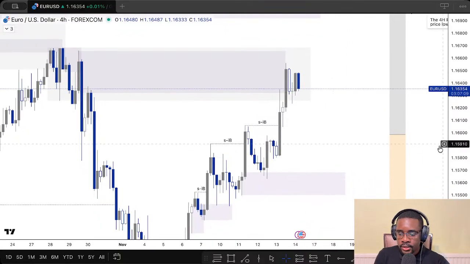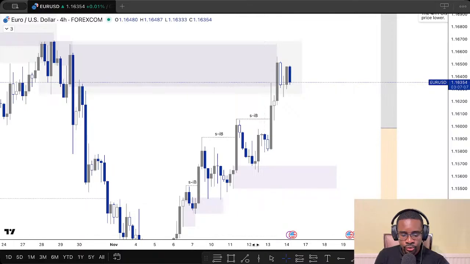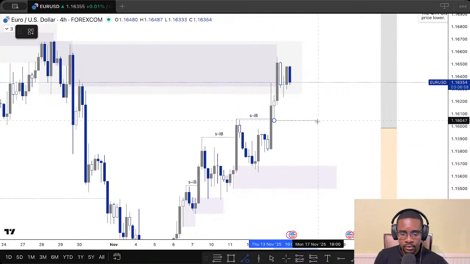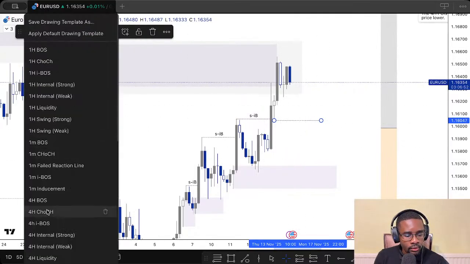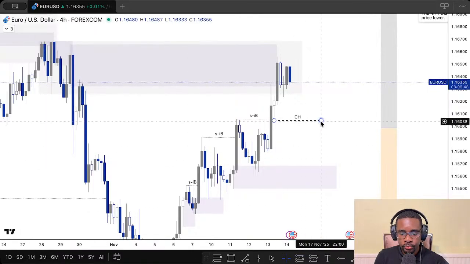So what we are waiting for, if we are to go bearish, would be to see this fractal low eliminated. So that will be a chalk.